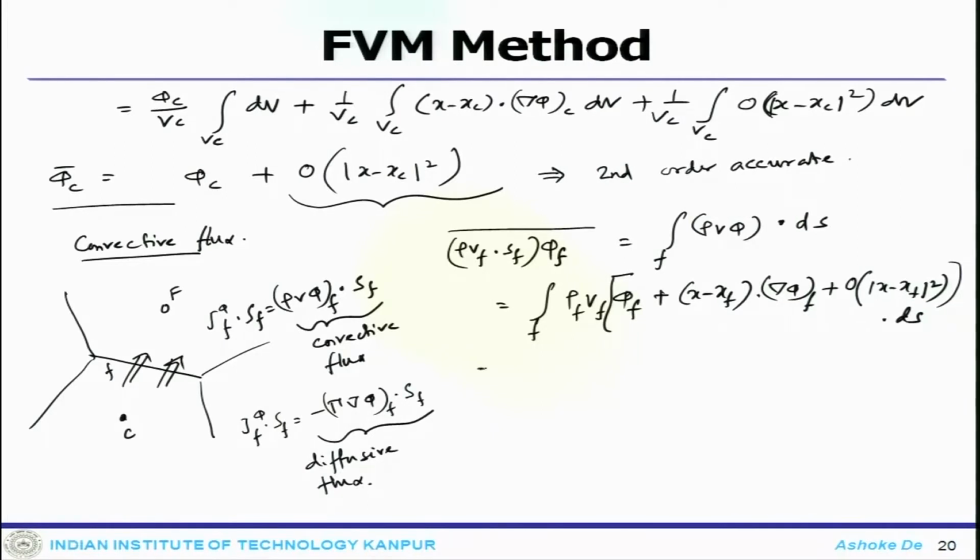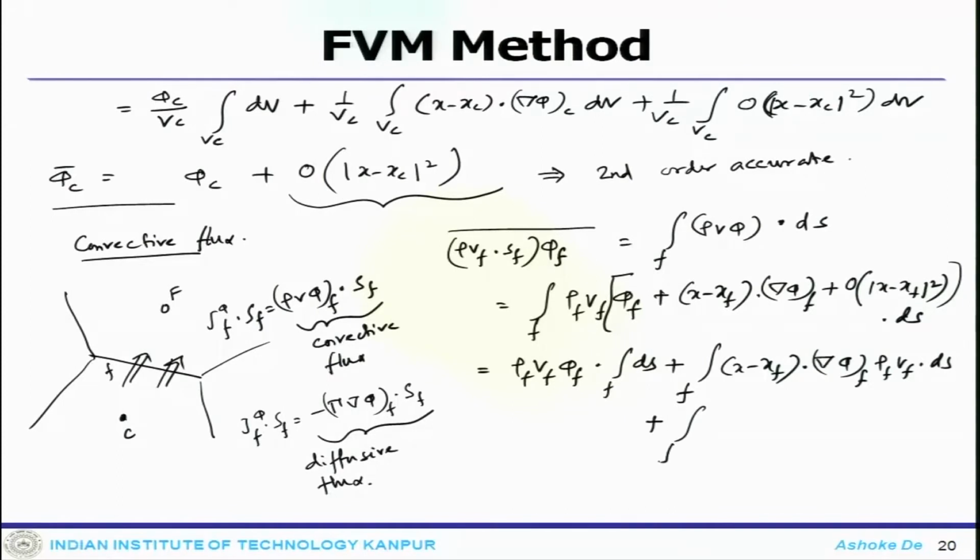Then if you segregate this out, you write rho f V f phi f dot integral of dS plus integral of x minus x f dot delta phi f rho f V f dot dS plus order of x minus x f square.